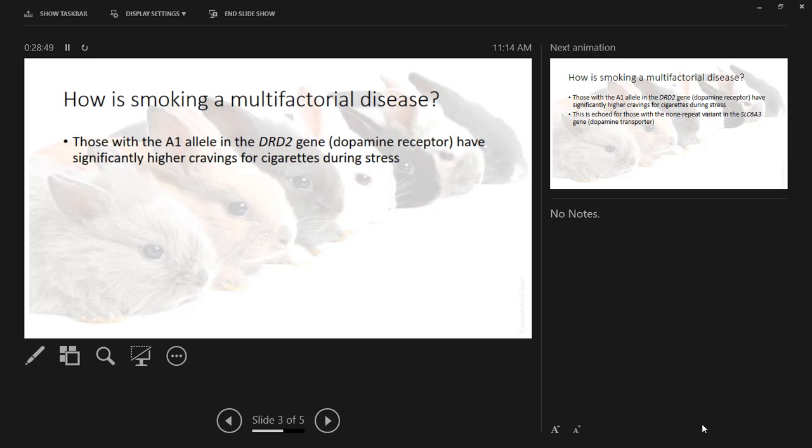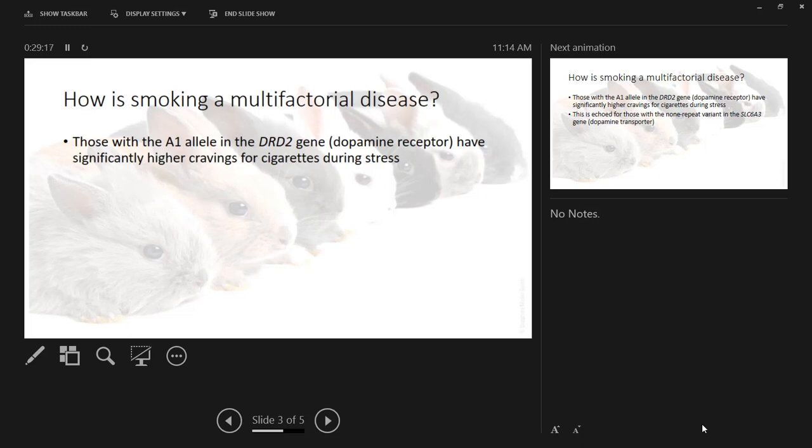Now, the idea here is dopamine is a neurotransmitter that makes you feel good. And so those with this specific allele in this gene have a hard time responding appropriately to dopamine. And so usually they have a very low level of dopamine reception, and so they have a very low level of emotional excitement created.